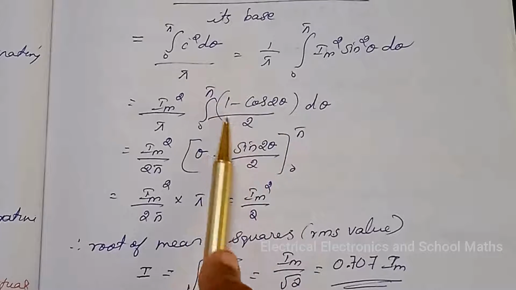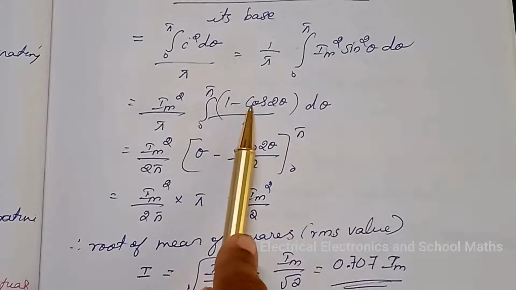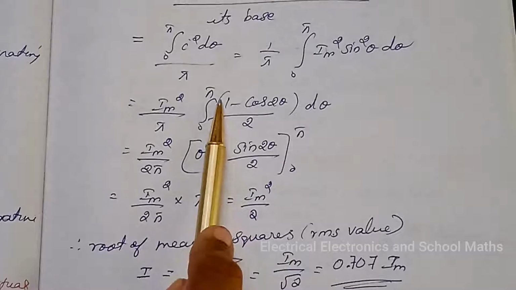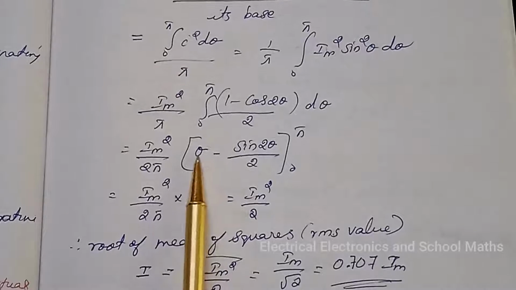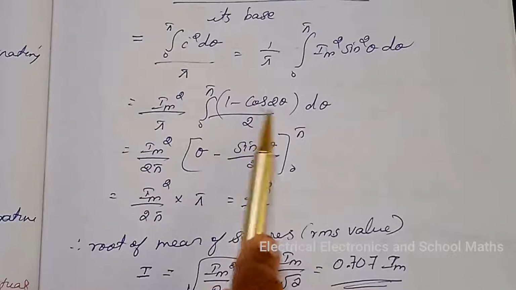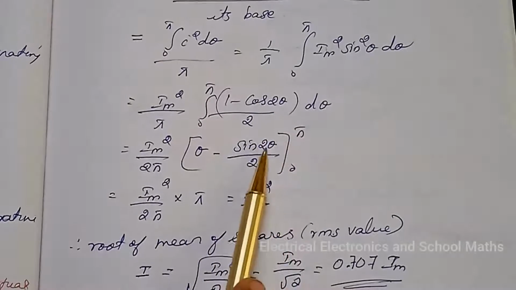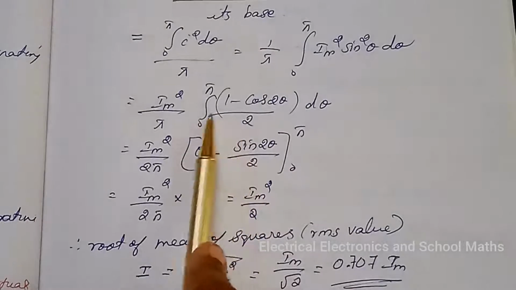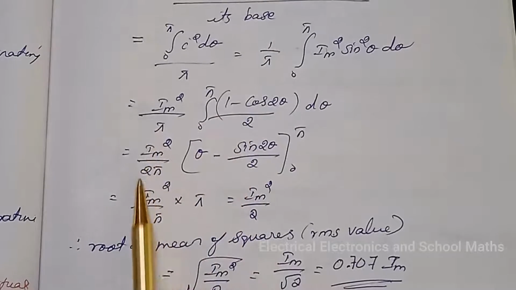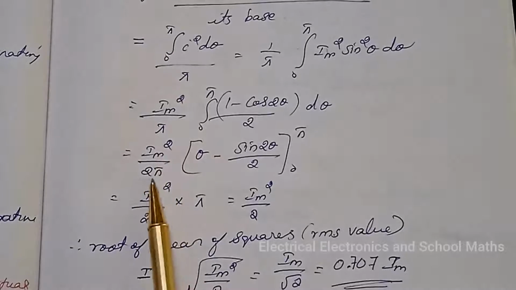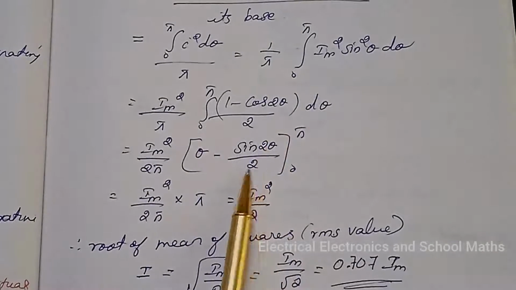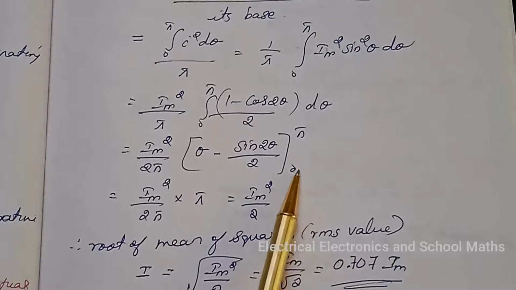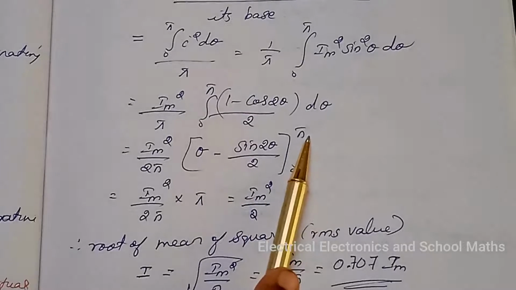Then take the integral of 1 minus cos 2 theta. Integral of a constant is theta, and integral of cos 2 theta is sin 2 theta divided by 2. Also taking this 2 outside, we get Im square divided by 2 pi, theta minus sin 2 theta divided by 2, within the limit 0 to pi.